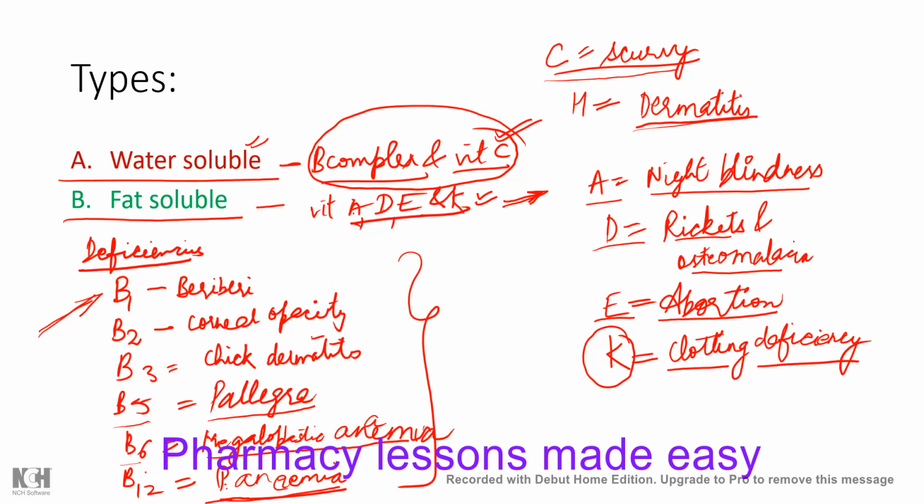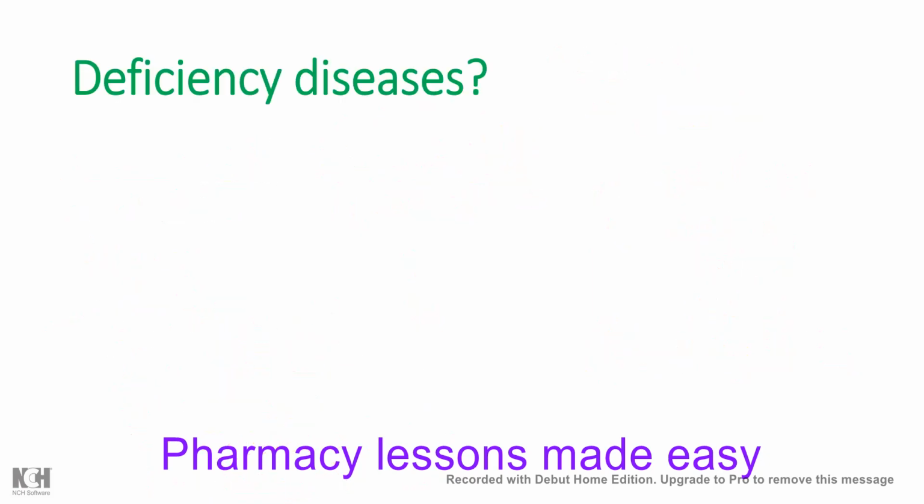The deficiency of vitamin B3 causes cheek dermatitis, vitamin B2 deficiency causes corneal opacity, vitamin B1 deficiency causes beriberi. Okay, so based on their solubility in water and lipid, we have classified the different types of vitamins, and we have seen which type of deficiency they cause if they are in deficient condition.